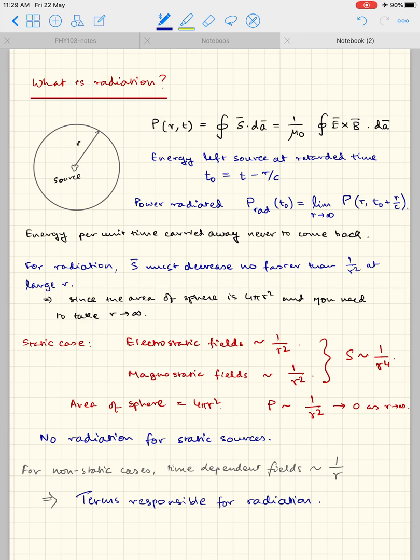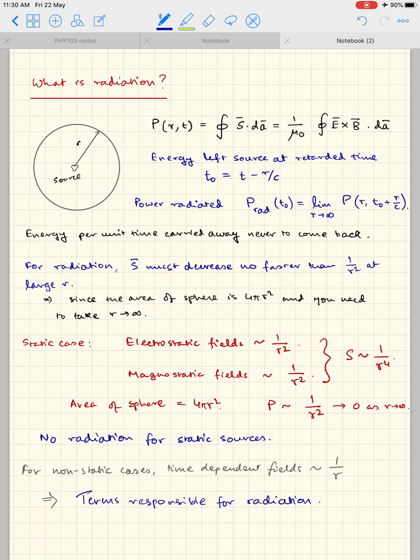So we can summarize by saying that the study of radiation involves picking out the parts of E and B that go as 1 over r at large distances from the source, and constructing from them the 1 over r squared term in S, integrating over a large surface, and then you take the limit of r going to infinity.